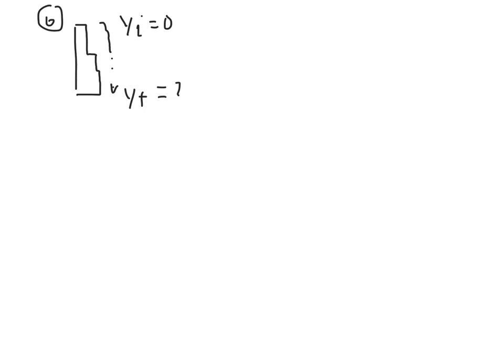Our Y final, we don't know what it's going to be. But it should be a negative number because it's falling downward. Again, if we start at 0, we're going to say the top of the building is 0, then the bottom of the building is going to be some negative number. What do we know? Our acceleration is negative 9.8 meters per second squared. The time it takes for a penny to fall from that height is 9.6 seconds.